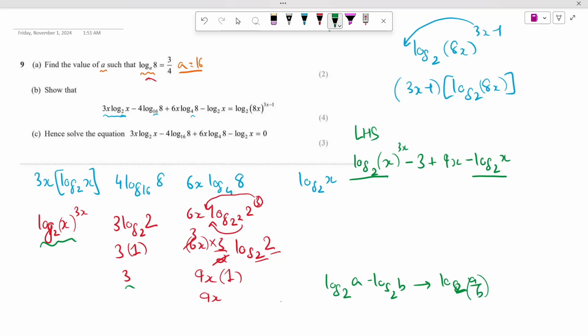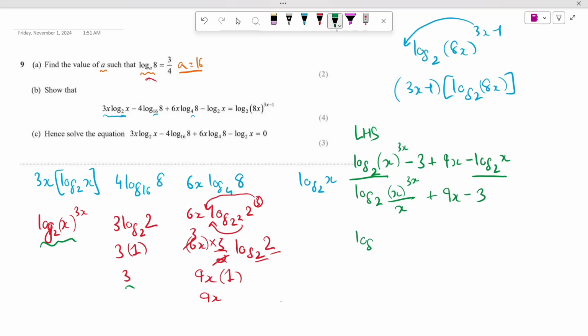So in this case also you can see that the base is 2 and the base is 2, so this would be written as log to the base 2 x to the power 3x divided by x, and this is plus 9x minus 3. Now we'll solve this further and try to simplify it more. Now this can be written as x to the power 3x minus 1 plus 9x minus 3.